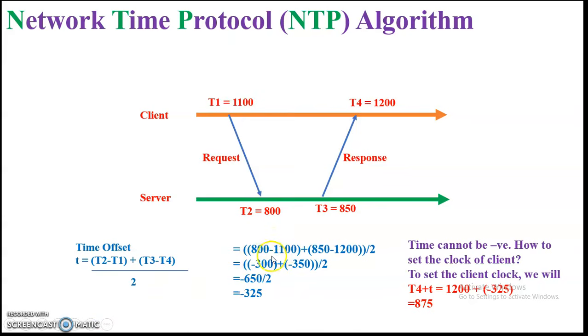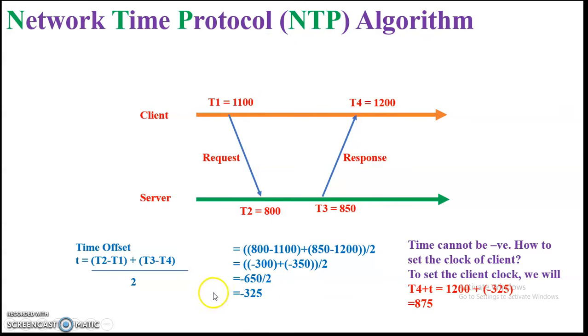Putting the values into this formula, that is (800 minus 1100 plus 850 minus 1200) divided by 2, gives minus 650 divided by 2, and the final value of time offset is minus 325.